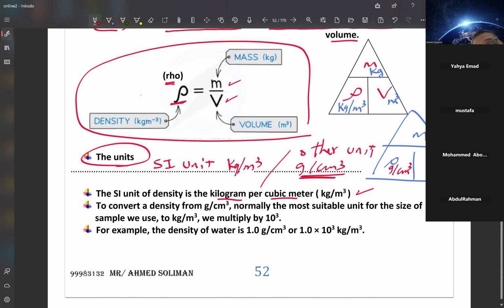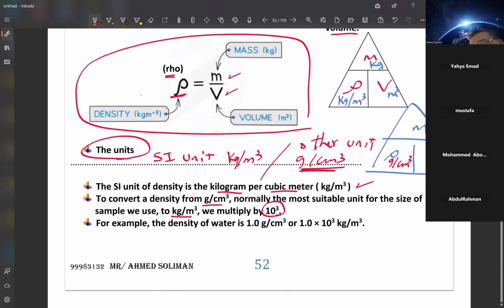To convert density from gram per centimeter cube to kilogram per meter cube, you have to multiply by 1000. For example, the density of water is 1 gram per centimeter cube, but 1000 kilogram per meter cube.